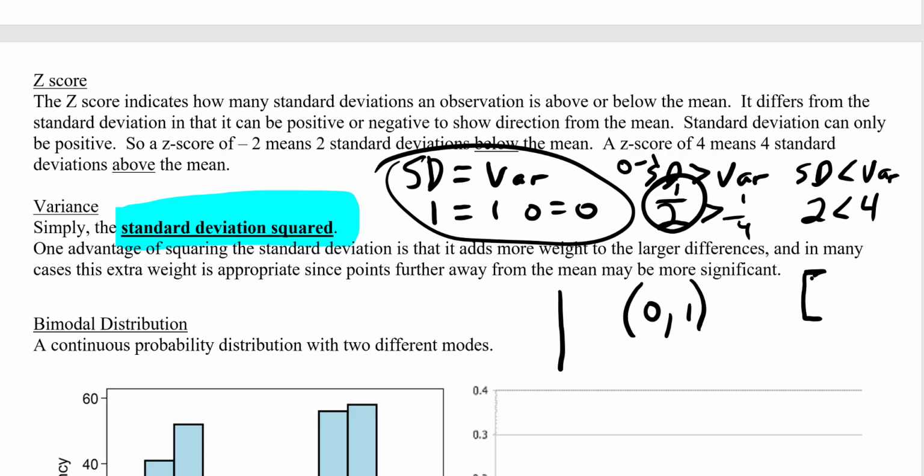Actually, it's going to be a parenthesis because not equal. So from 1 to infinity. That's where it's going to be less. Okay, because you get 2 squared, 3 squared, 4 squared, you square it, and it's bigger. Okay, so that's kind of important. I would definitely know this, and I would know this guy right here, and I would know this guy right here. Okay, that's pretty important. All right. Okay, so let's keep going here.